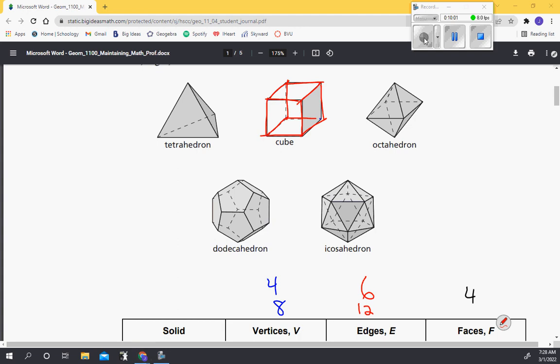And how many faces? 1, 2, 3, 4, 5 on top, 6 in front, 7 on the side, and 8 on the bottom. 8 faces on a cube.